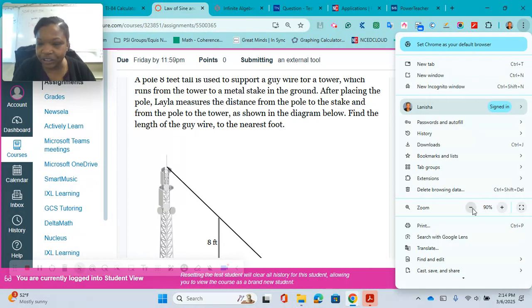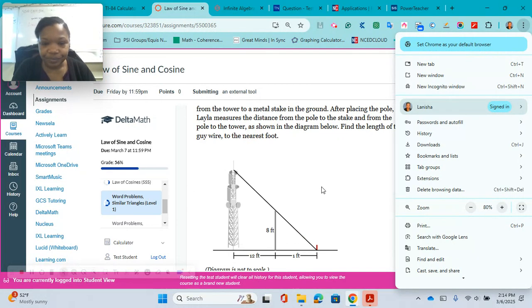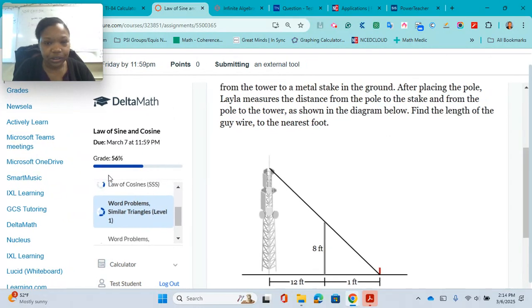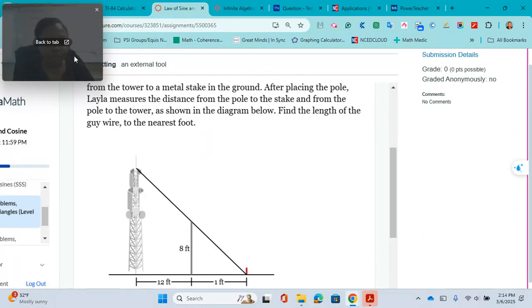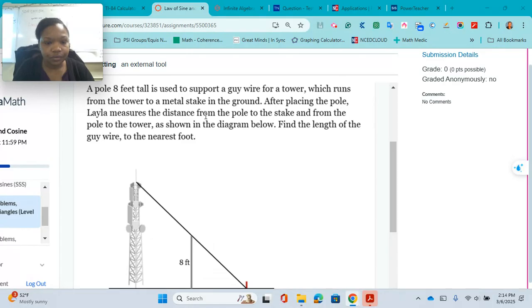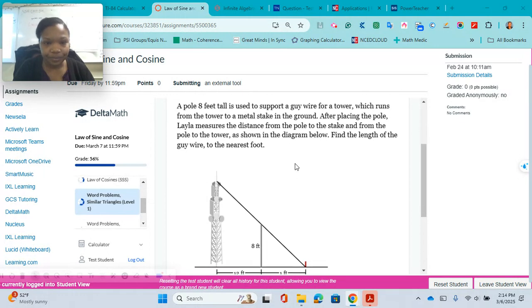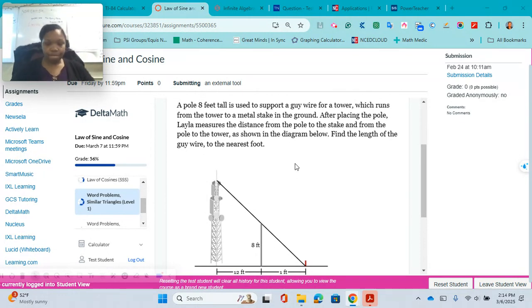I'm gonna reduce this zoom so that I could get the entire image. Word problems. Okay, word problem.